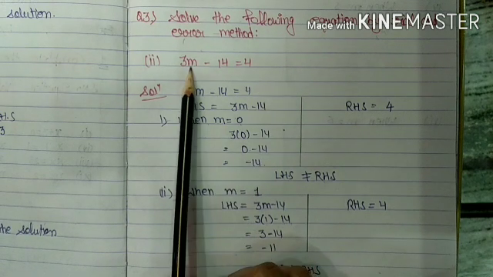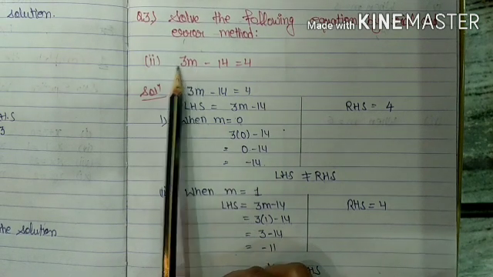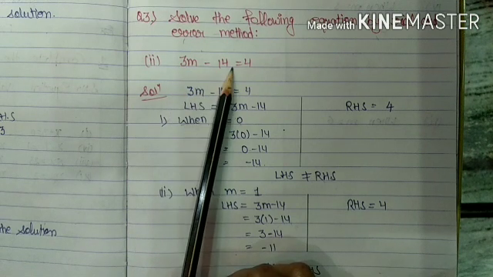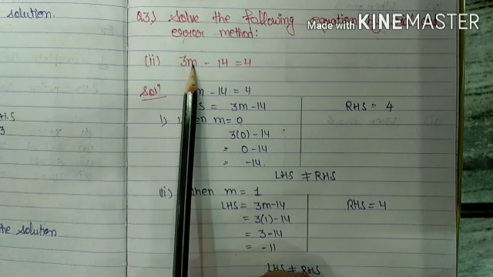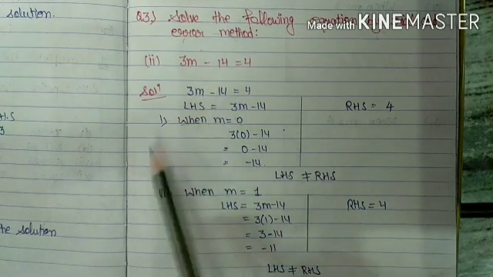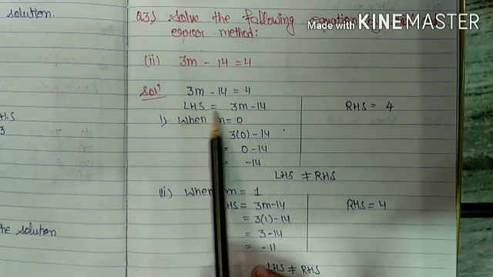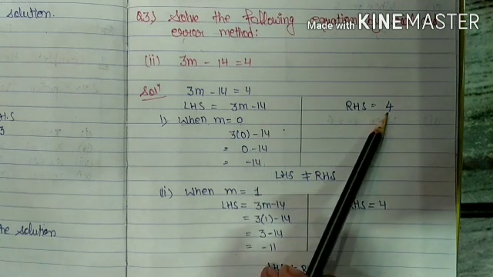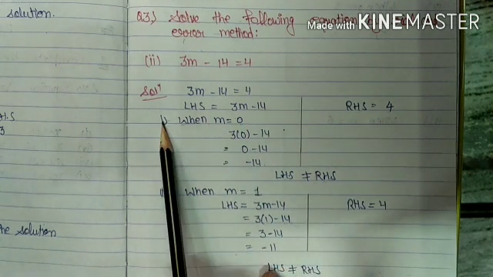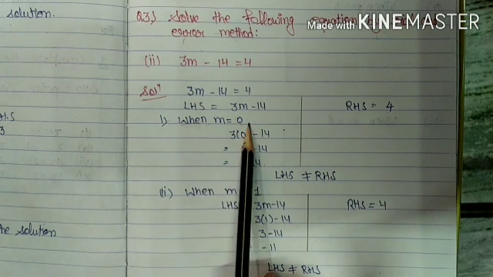Here, if I am taking the second part, 3m minus 14 equals 4. Left hand side is 3m minus 14 and right hand side is 4. First try I have done for the m value 0.